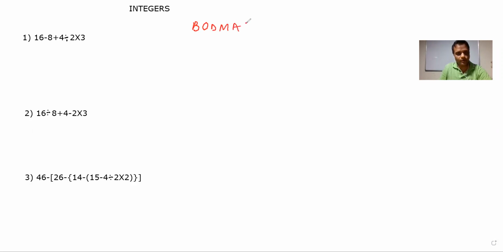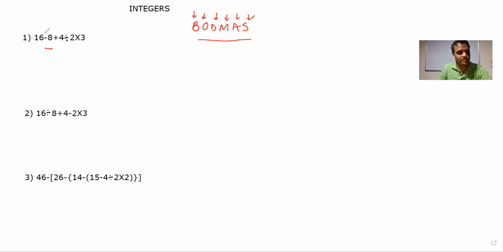Now, B stands for bracket, O stands for of, D is division, M stands for multiplication, A is addition, and S is subtraction. So whenever there is an expression which has more than one fundamental operation, which means it has addition, subtraction and division, then we use BODMAS, and that too in this order.